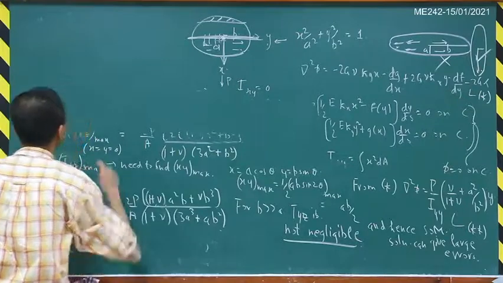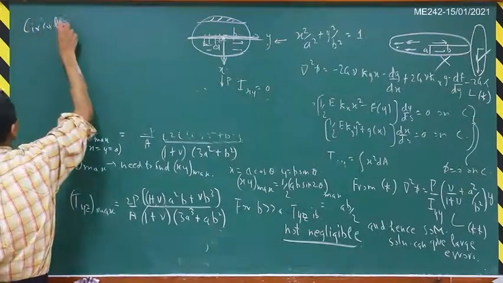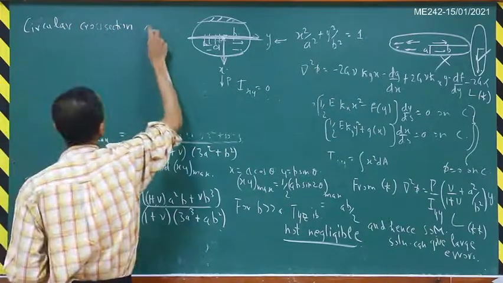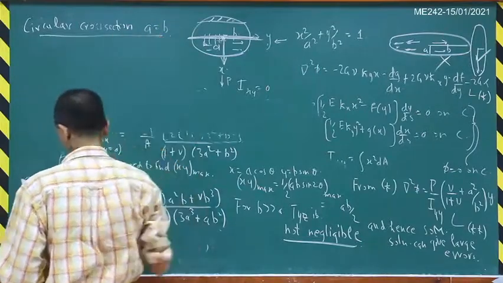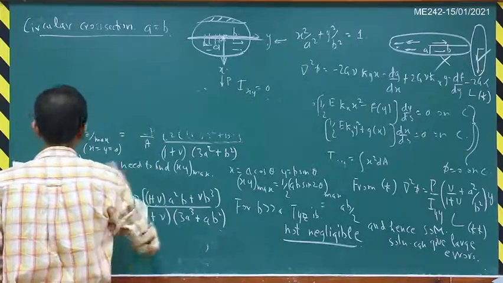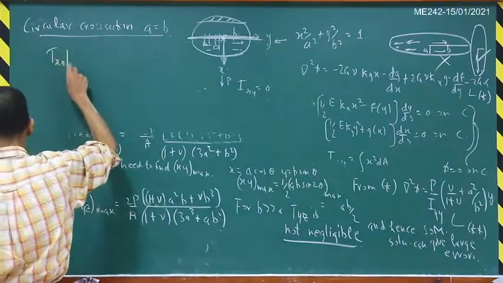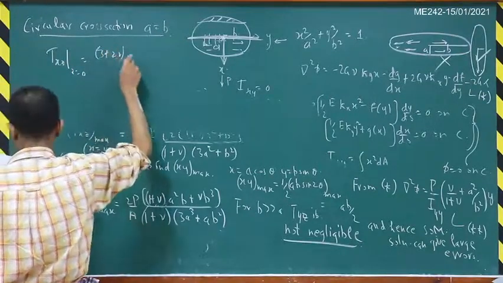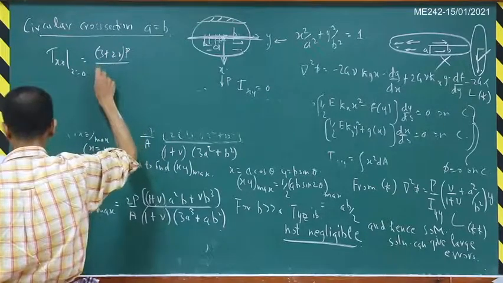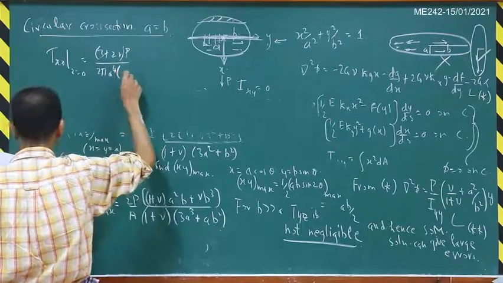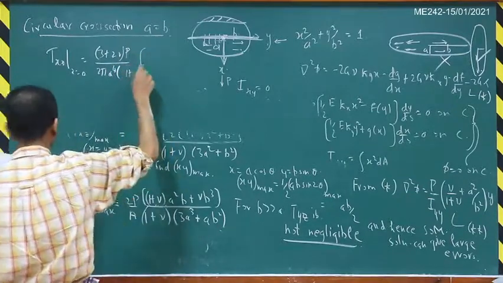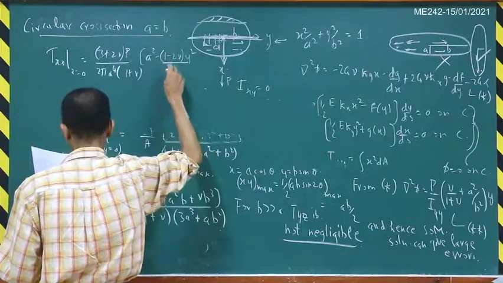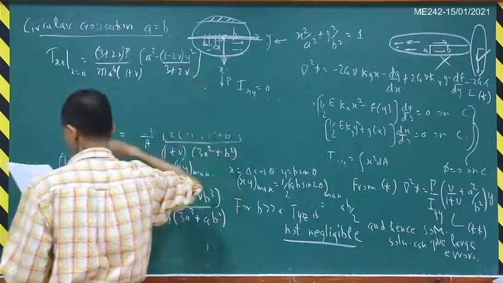For the circular cross section, A is equal to B. And then you will get that tau xz at x equal to 0 is equal to (3 plus 2 nu) times P divided by 2 pi a to the 4 times (1 plus nu), times (a square minus (1 minus 2 nu) times y square divided by (3 plus 2 nu)). So these are again all exact results.